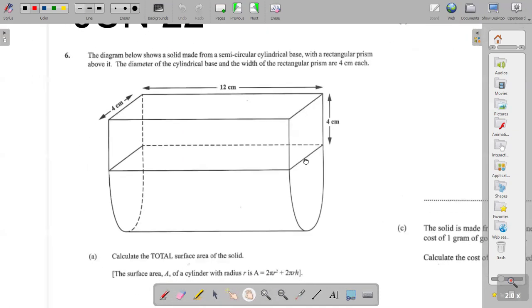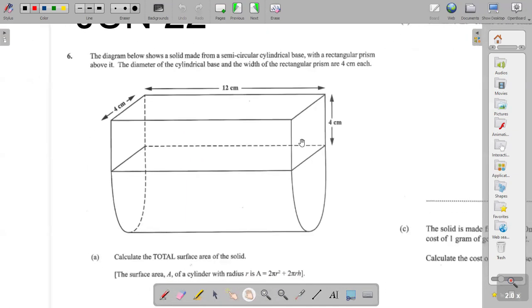So let's make sure we understand the diagram. Based on this information, can anybody tell me what shape this is, the face of the prism? It's a square.